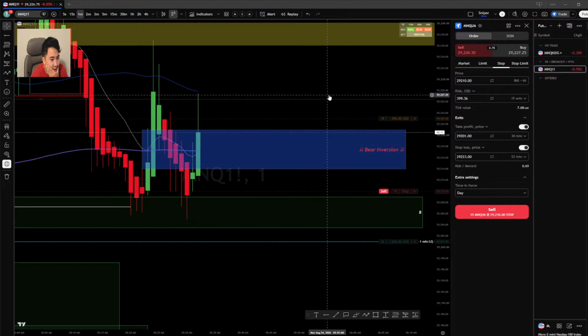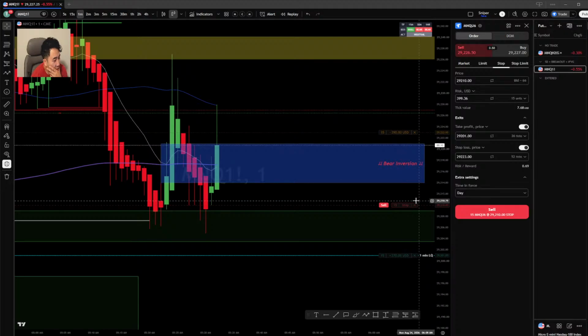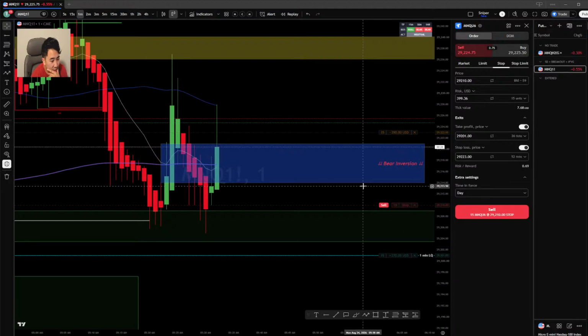It doesn't look like any of the inversion zones are being respected right now. So it forms, but no entry yet.